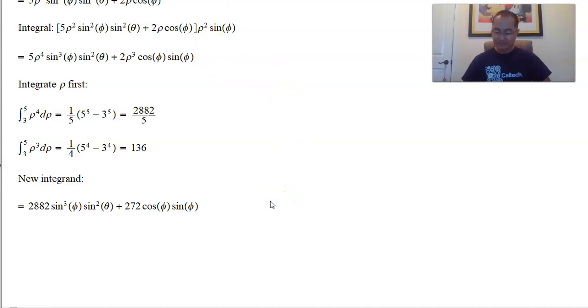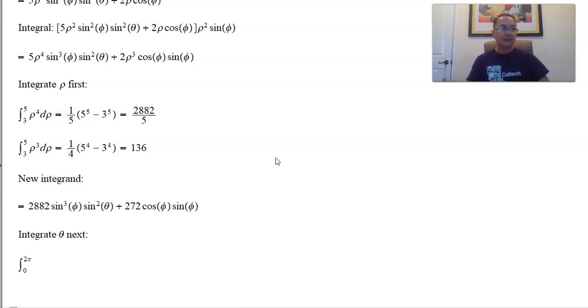Alrighty. So we are down to that function that we need to integrate. Look, there's only one theta, so let's integrate theta next. I'm obviously avoiding that bad integral. We need the integral of sine squared theta from 0 to 2 pi. You're experts on that already.